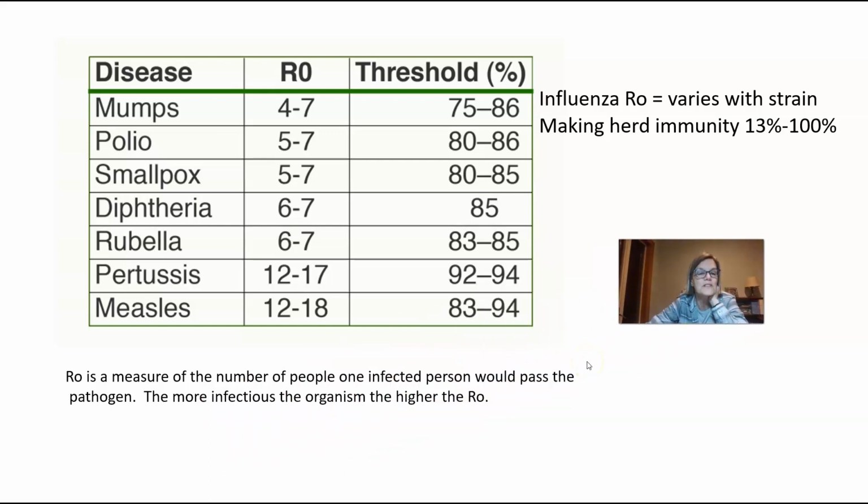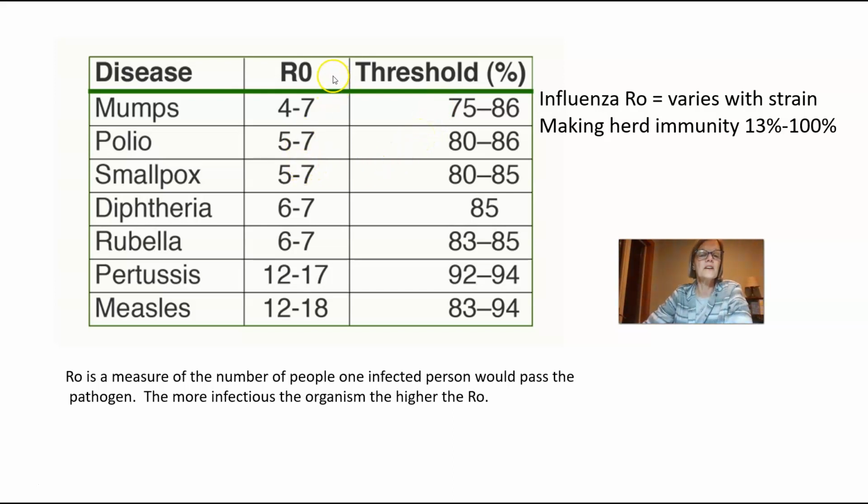This table is kind of interesting. What it's showing you is this number called R naught. It's a measurement of how contagious something is, and it actually allows you to calculate what percent of your population needs to be immunized to provide herd immunity.